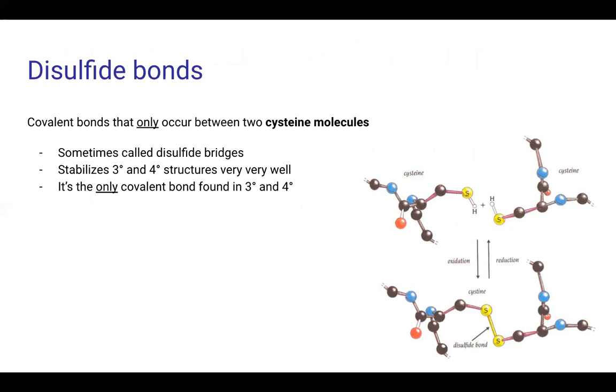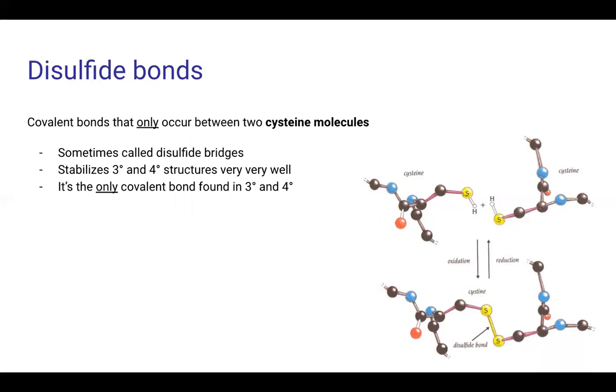No? Cool. Okay. So we briefly mentioned disulfide bonds when we were talking about structure, but just to quickly go over it, it's a covalent bond that only occurs between two cysteine molecules, and it's only in tertiary or quaternary structure, so you will never find it in secondary or primary. It stabilizes structures very well because it's a very strong bond.